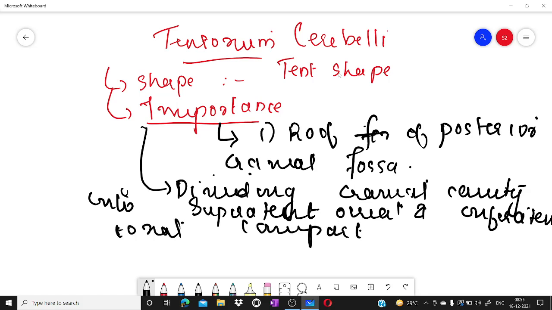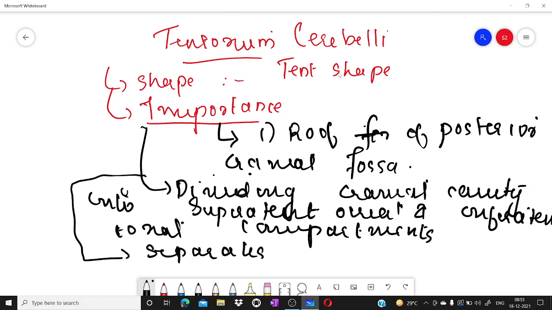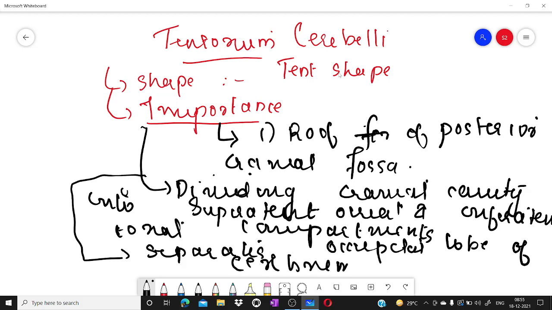And it separates the occipital lobe of the cerebrum from the cerebellum. So these are the three important features of the Tentorium cerebellae.